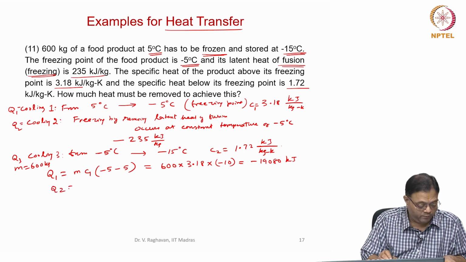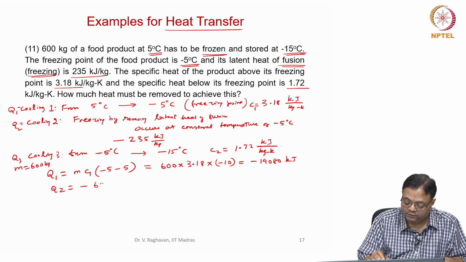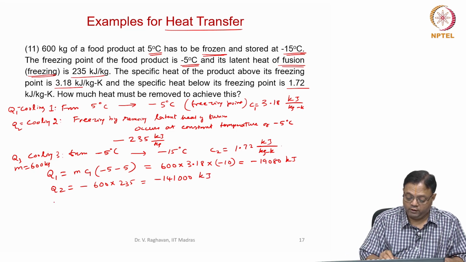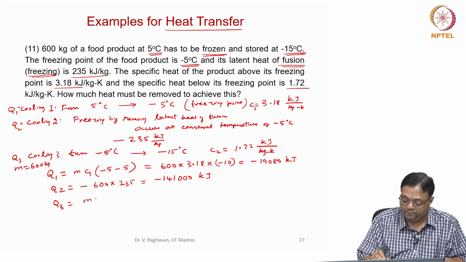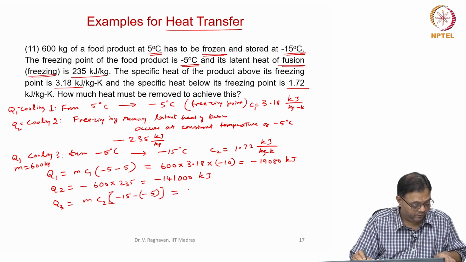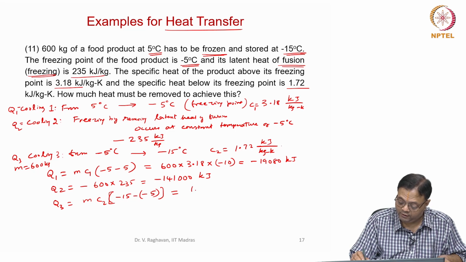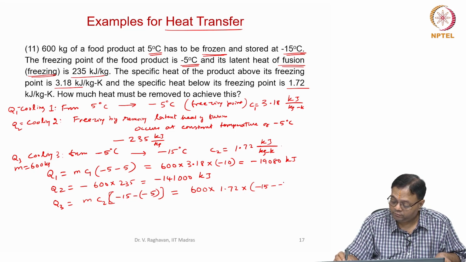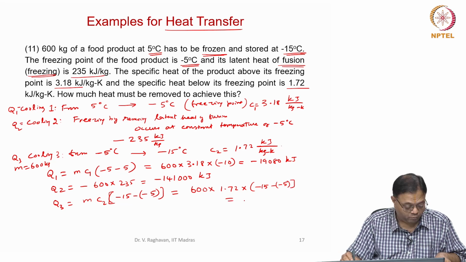Then Q2 will be equal to minus 600 into 235, kilojoules per kg into this, that is minus 141000 kilojoules, and Q3 will be equal to M C2 into final temperature minus 15, initial temperature minus 5. So, that will be equal to 600 into 1.72 into minus 15 minus minus 5.